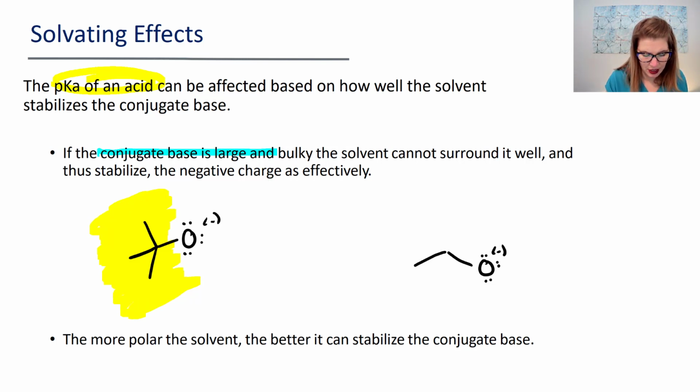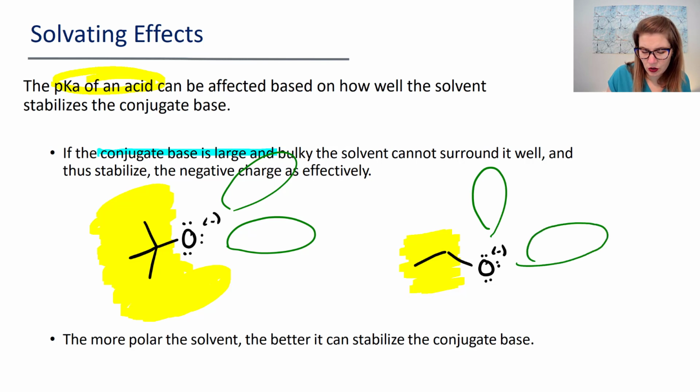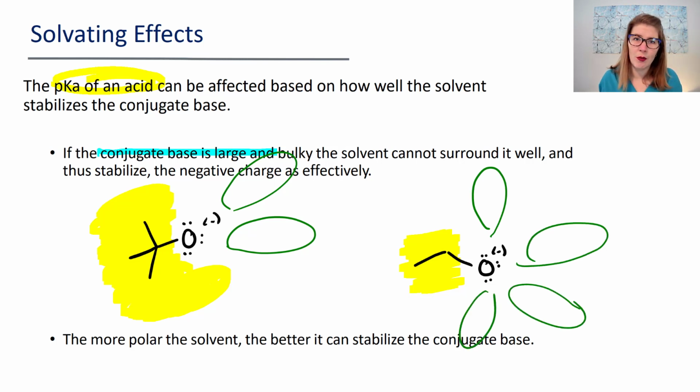So if I just try to imagine how much space this is taking up, what will occur is I have a solvent molecule, maybe only one or two, maybe three, can really fit around that negative oxygen. Whereas if I have something that's less bulky, so this part has a less bulky carbon branch, then I can have 1, 2, 3, maybe 4 solvent molecules surrounding that oxygen.